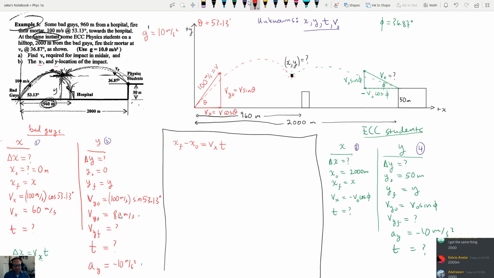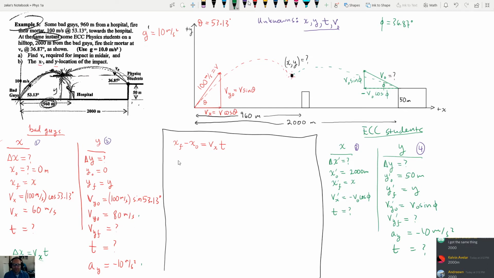I don't know. But I think the easiest thing to do is just to come over here on the students and put a prime on everything. Like this. The times are the same. We don't need to do it for that one. I guess we can put primes on these. Prime. Prime. There we go. Now we'll have different variables for each one of them.